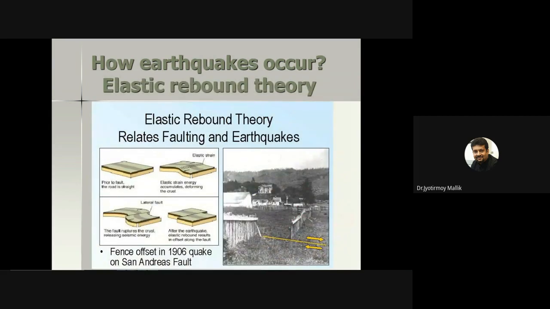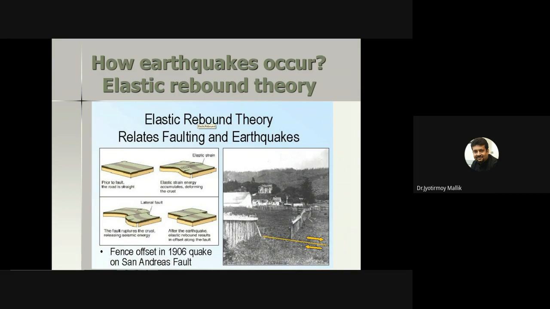Now you can see here, earthquakes are generally associated with something called the elastic rebound theory. What is elastic rebound theory? Say, for example, you have a spring and you keep that spring tightly squeezed with your fingers.